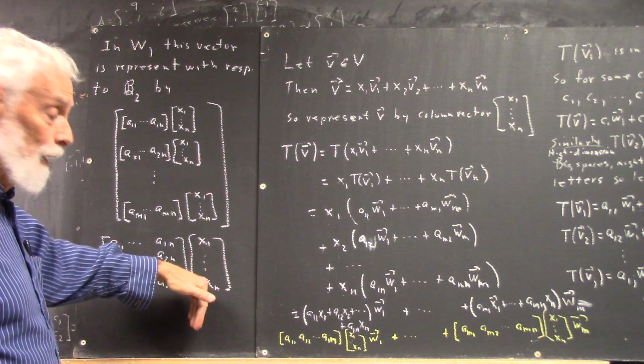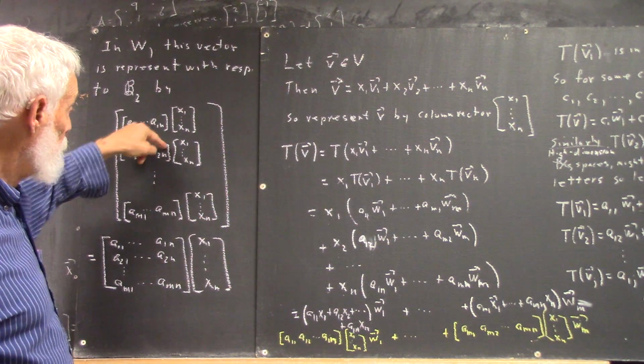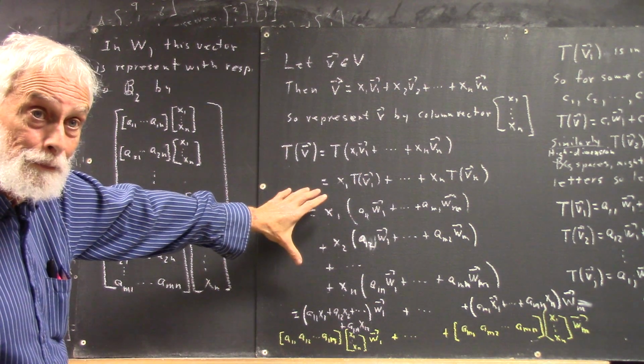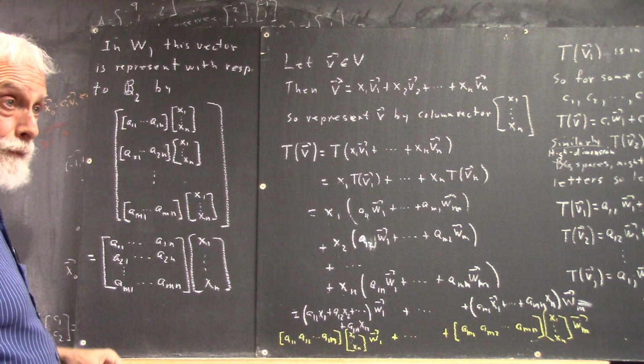Second row times, well, I have one column. Second row times our column vector gives us second row times our column vector, right? It expands like this, but this is what it means. Okay?